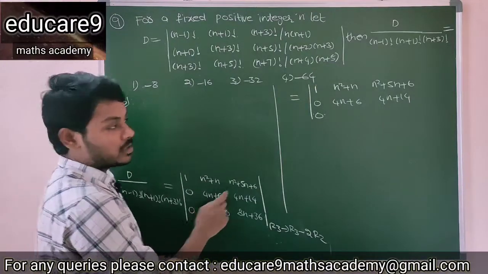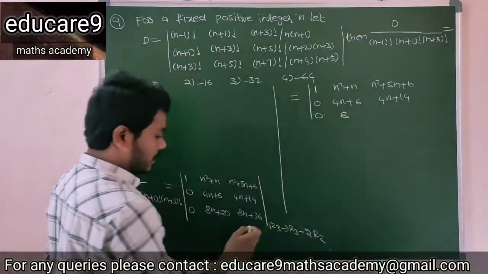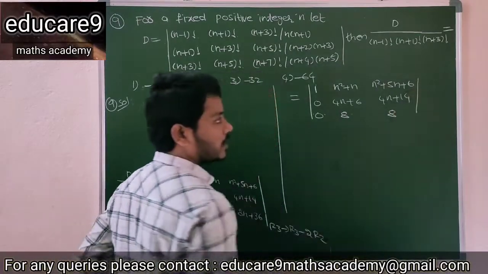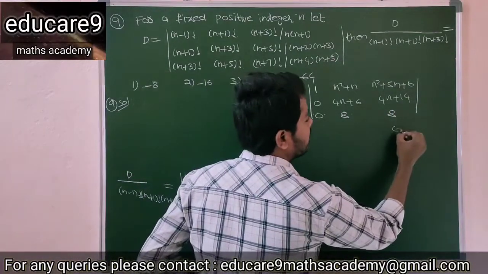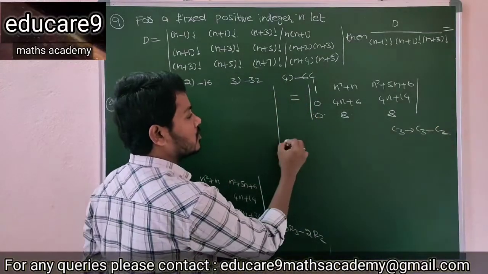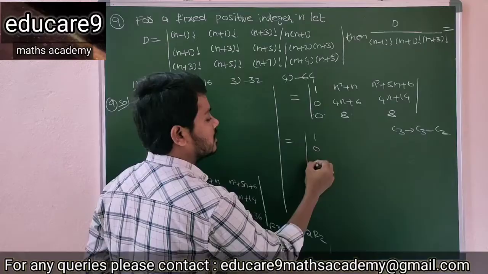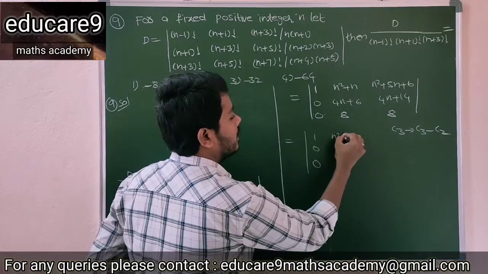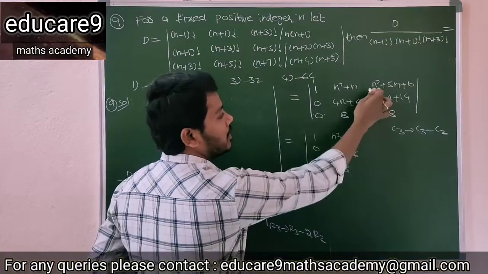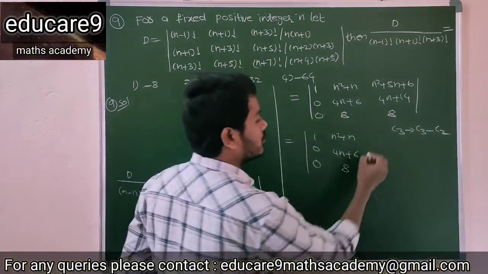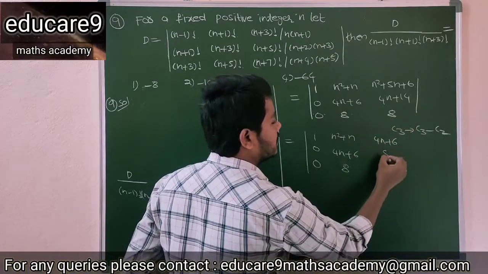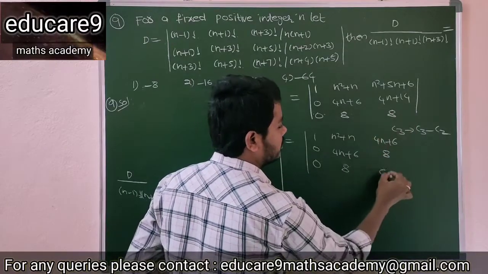So 20 minus 12, 8. 36 minus 28, 8. Okay. Now again C3 implies C3 minus C2. So clearly the first two columns as is, that is 1 0 0, n square plus n, 4n plus 6, 8. C3 minus C2, that is 4n plus 6, 14 minus 6, 8, 8 minus 8, 0.